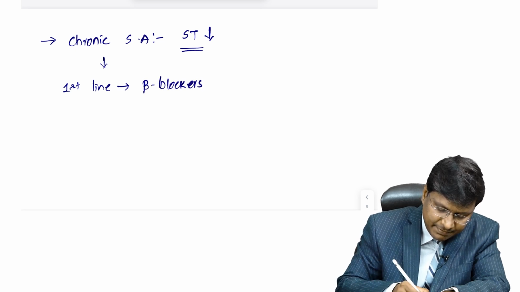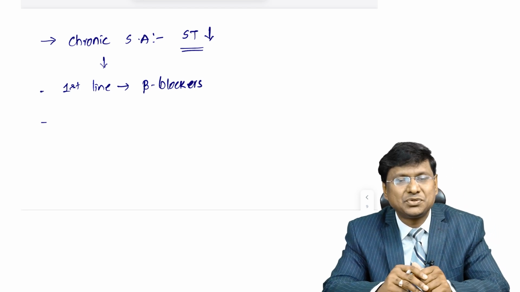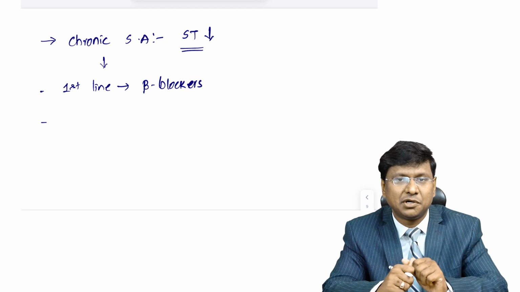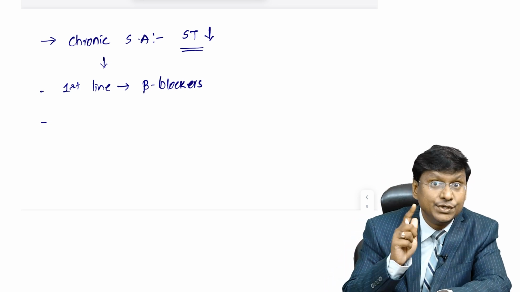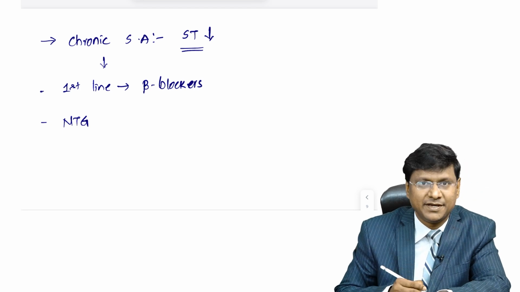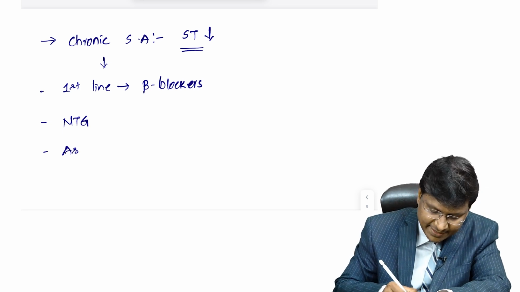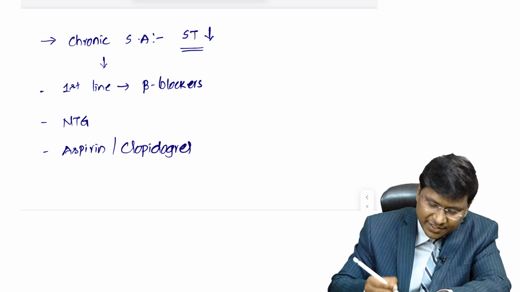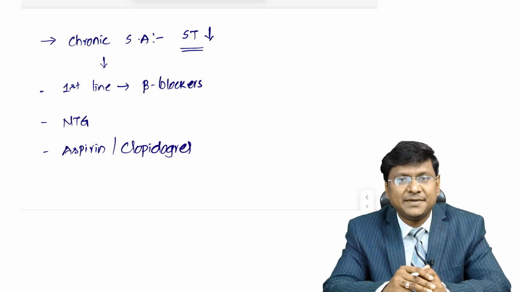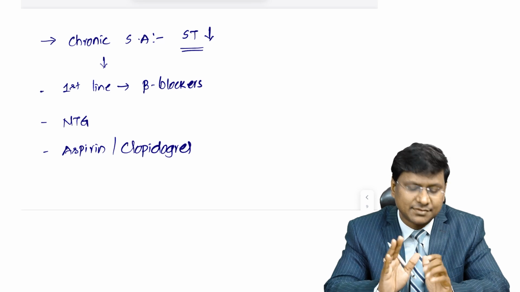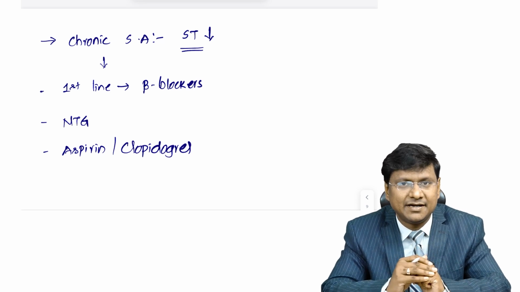Next to beta blockers, the other important molecules are nitrates, mainly to reduce the chest pain. And you need to give a single antiplatelet, either aspirin or clopidogrel. In chronic stable angina, you don't require dual antiplatelet therapy. Dual antiplatelet therapy is required in unstable angina, whereas in chronic stable angina a single antiplatelet will be enough.